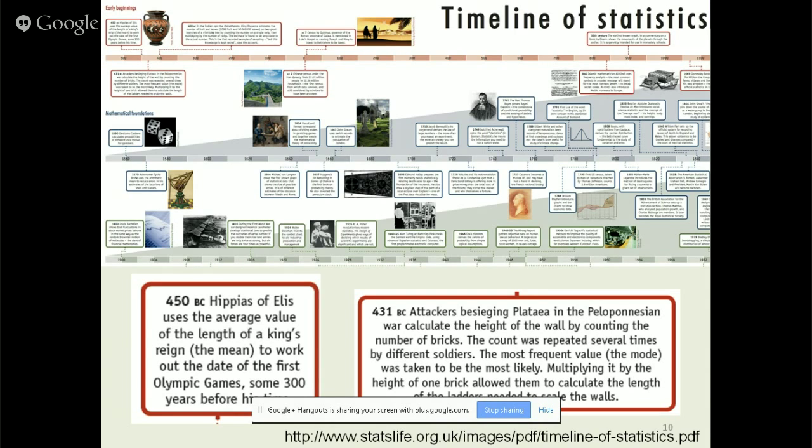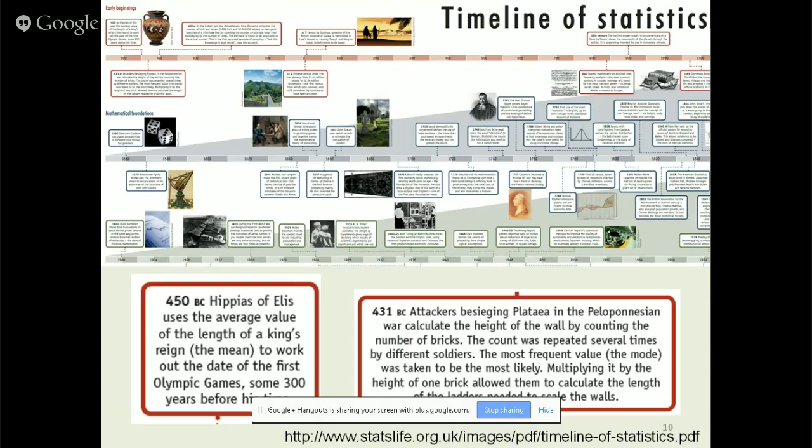Statistics has been around for a very, very long time. Even much longer than science as we think of it has been around. Most people would say modern science, the idea of hypothesis-driven science, is not much more than 150 years old or something like that.